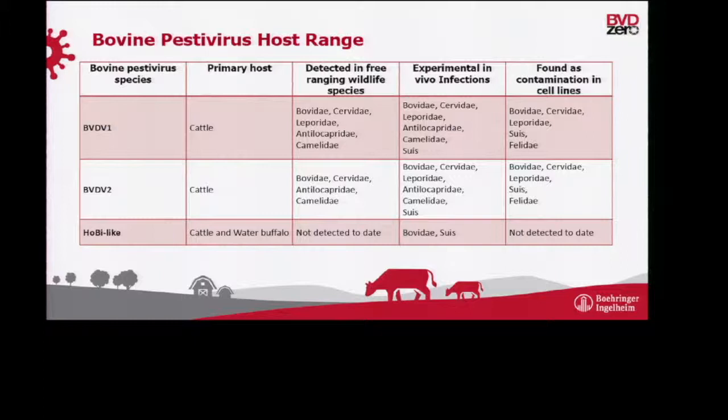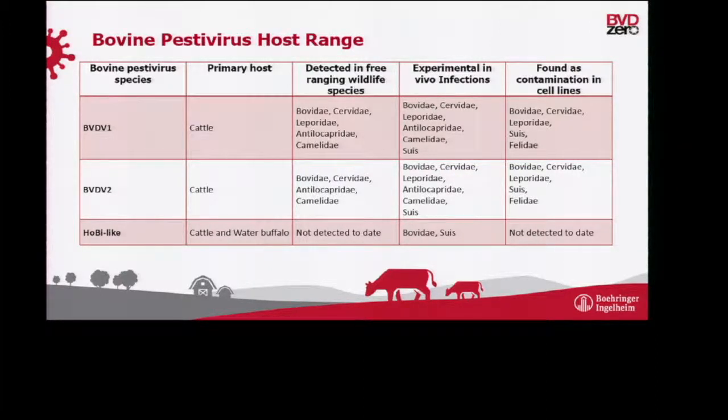Detected in free-ranging wildlife species. I'm not going to go through all of them, but so far we don't have wildlife species with HoBi-like virus. Experimental in vivo infections. As you can see, these viruses like to go in a lot of different species. And I'm just going to take a little bit of time to talk about this.